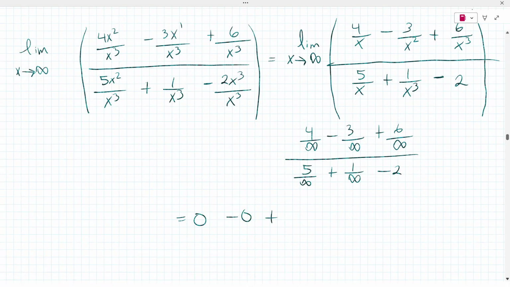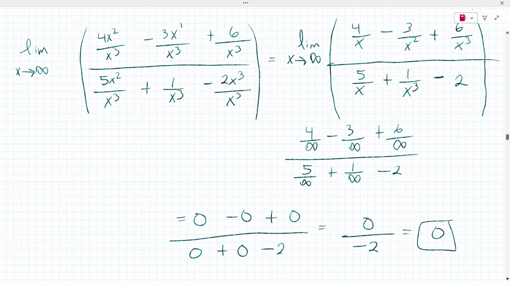Plus 6 over infinity is 0. 5 over infinity is 0. Plus 1 over infinity is 0. And then -2. So on the top you have 0, and on the bottom it's -2. What's 0 over -2? Yes, that's 0. And it's okay if the 0 is on top, that's fine. If it's 0 on the bottom, it's undefined.